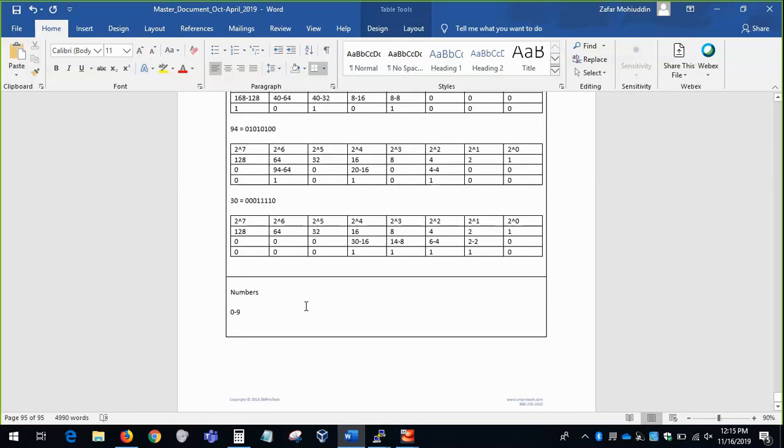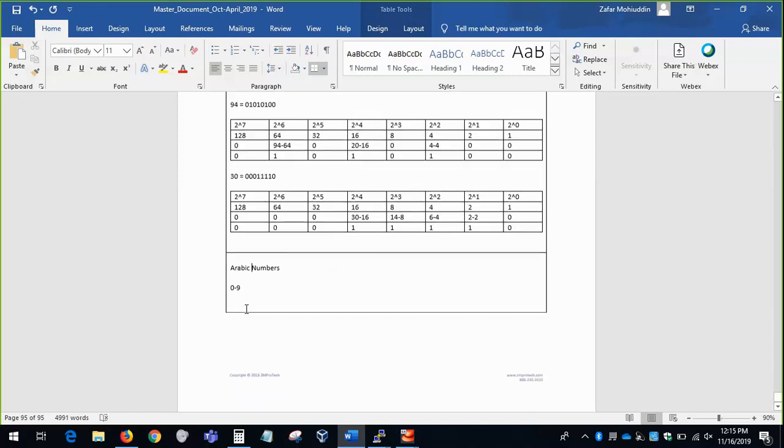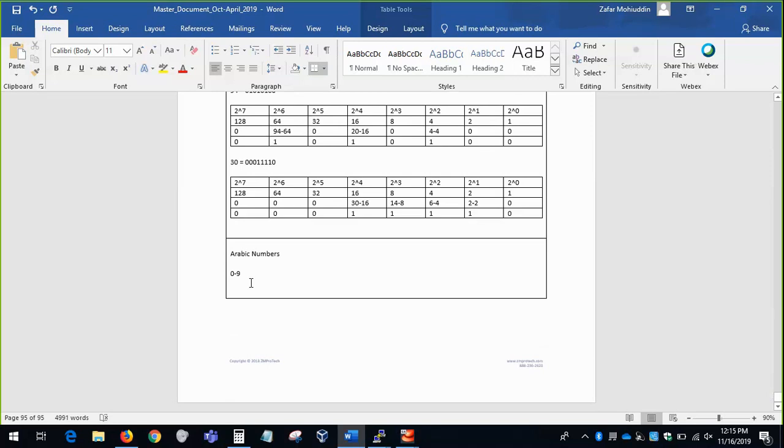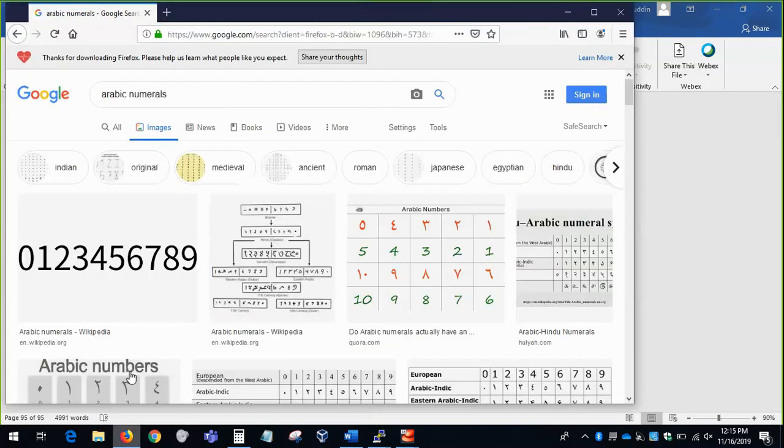So 0 to 9 are Arabic numbers. So this proves that Arabic is a language of God. Alright, this is what it is. So all the universe understand nothing but Arabic numbers. Anybody who is non-Muslim, they can understand numbers, they understand Arabic.